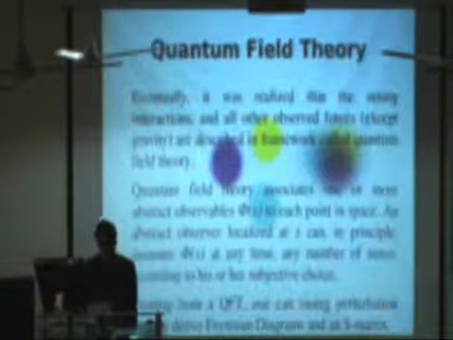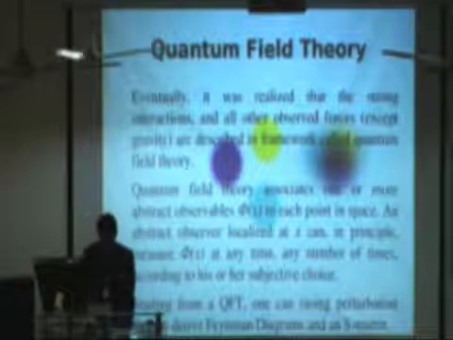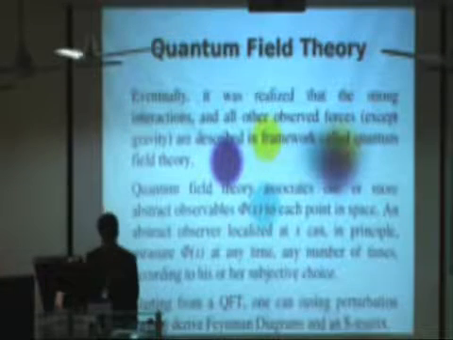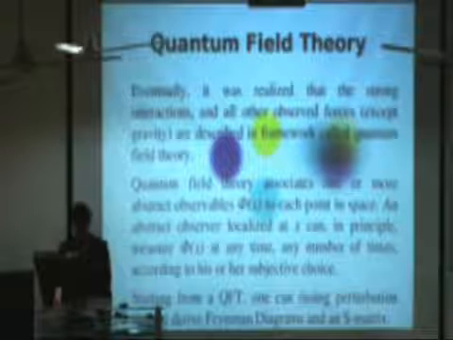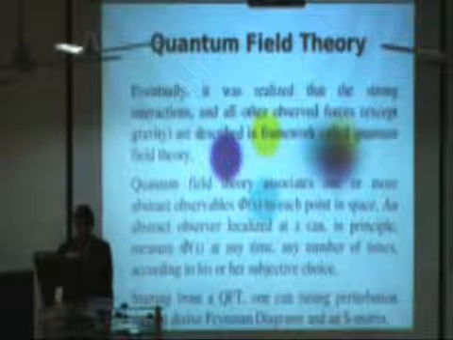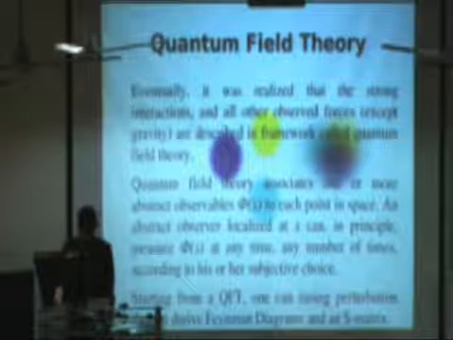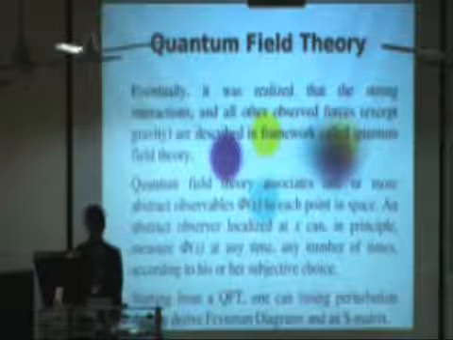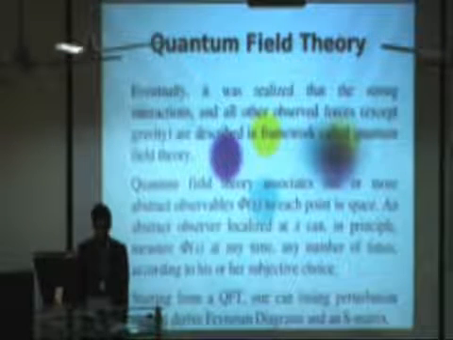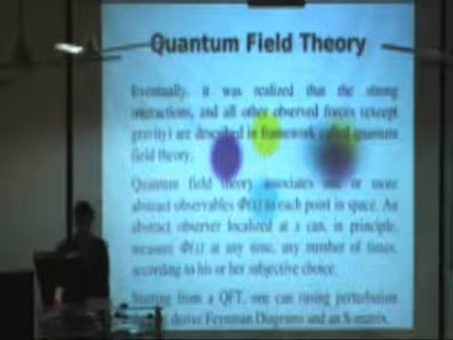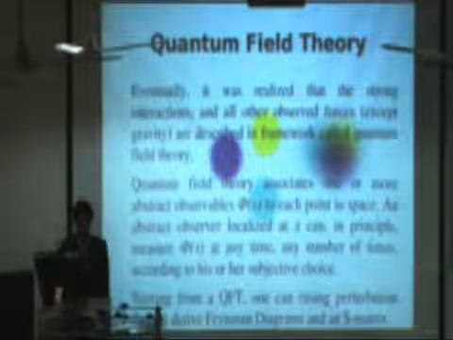Of course, it turned out that the forces are described by a quantum field theory, which has a bit more content, and that all forces are actually described by not only an S matrix but a quantum field theory, and a quantum field theory associates one or more abstract observables to each point in space.